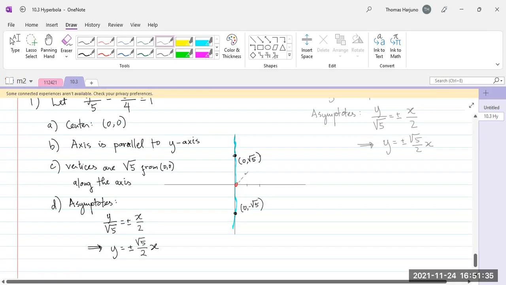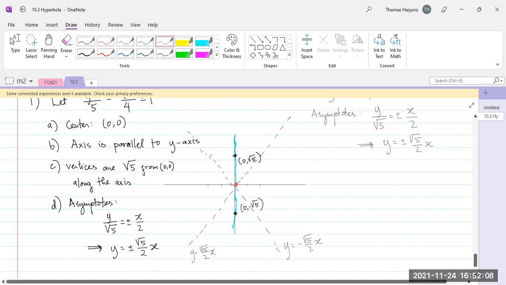So that's one asymptote, y equals radical 5 over 2 x. And the other one is the negative slope, y equals negative radical 5 over 2 x.